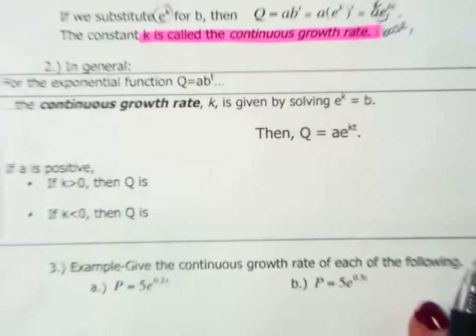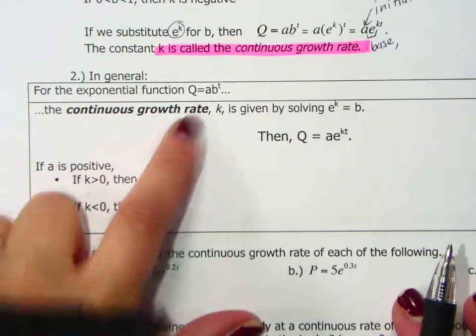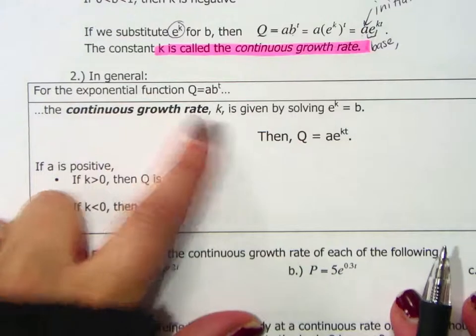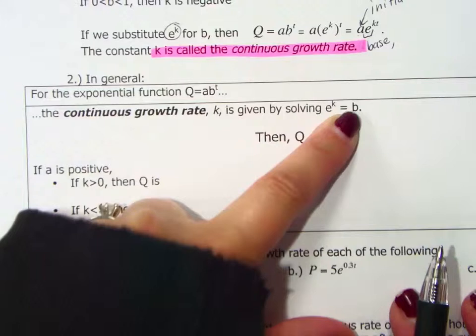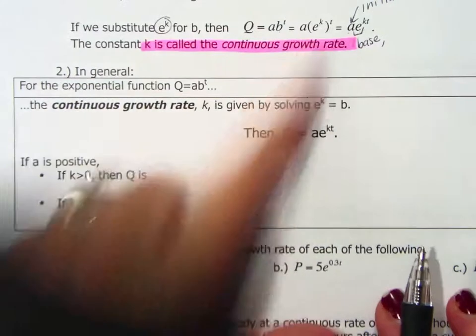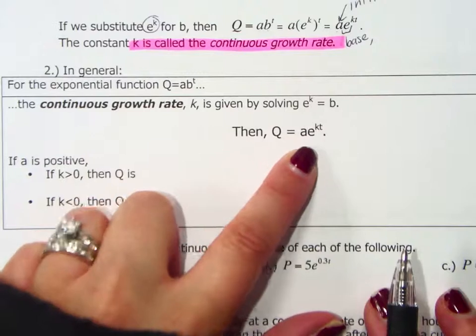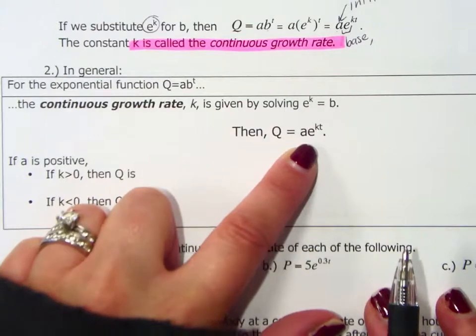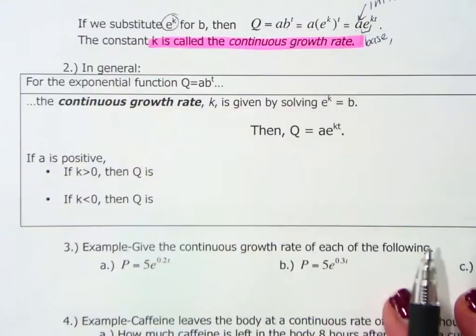In general, then, the continuous growth rate k we found is given by solving that. If we substitute all that in like we just did, then for a continuous growth or decay function, q equals a times e to the kt.